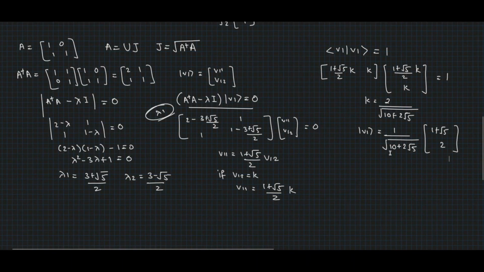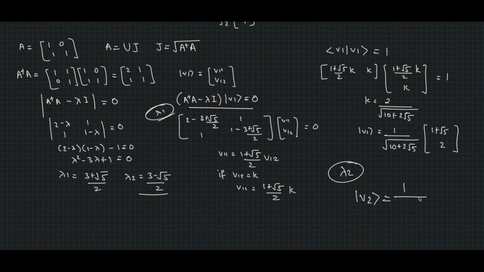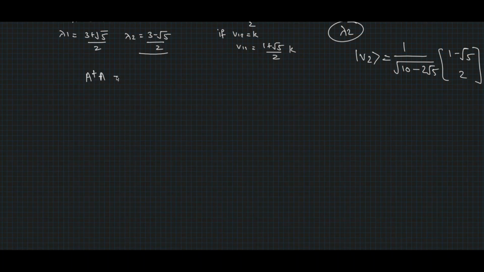And similarly, if we solve for lambda 2, which is (3 minus root 5) by 2, we get the v2 eigenvector equal to 1 by root under (10 minus 2 root 5) times (1 minus root 5, 2). Therefore, the spectral decomposition of A dagger A is written as A dagger A equal to lambda 1 v1 times v1 dagger plus lambda 2 v2 times v2 dagger.